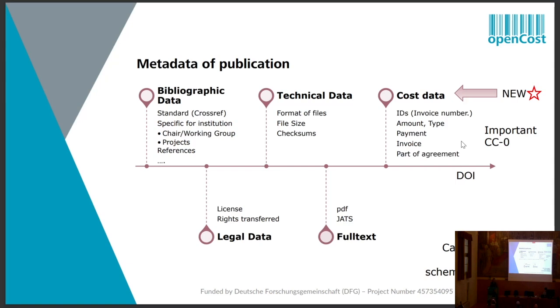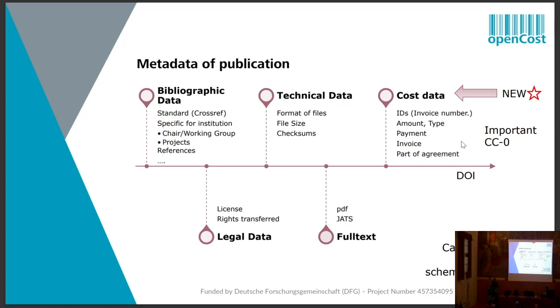But what we are missing, in my point of view, or in the point of view of our project, is that we should add to all this metadata the information about when we are paying for articles. So we started with articles, and we decided to generate a description of metadata related to costs.